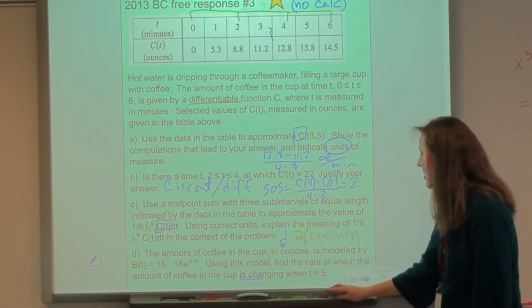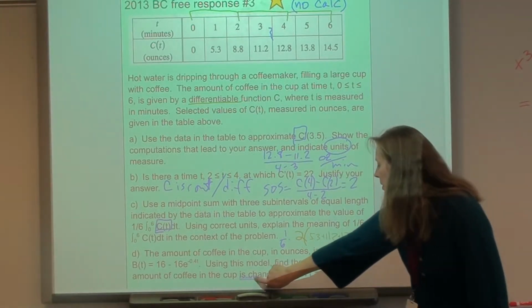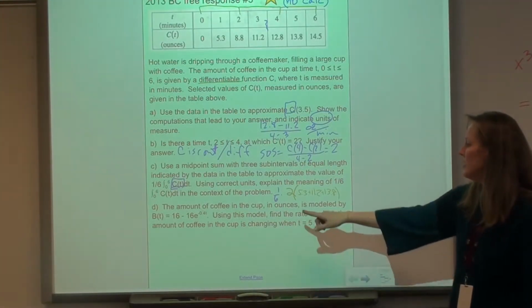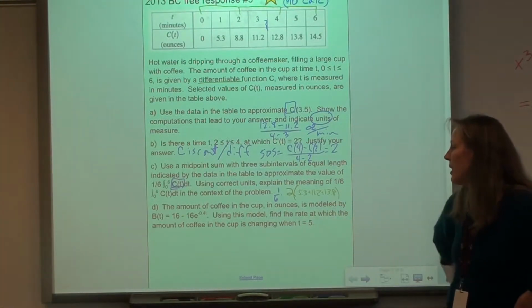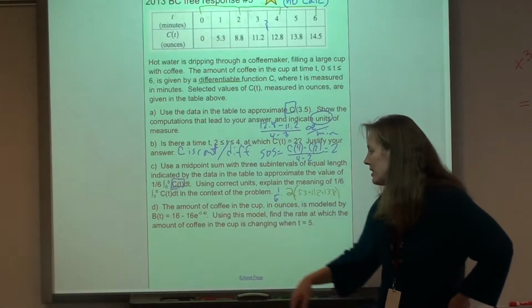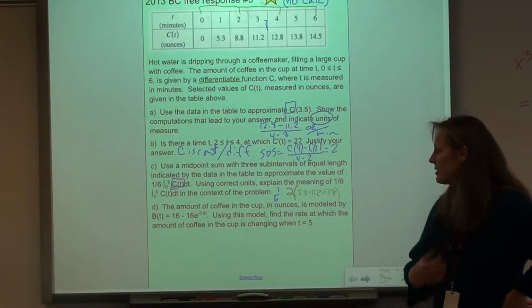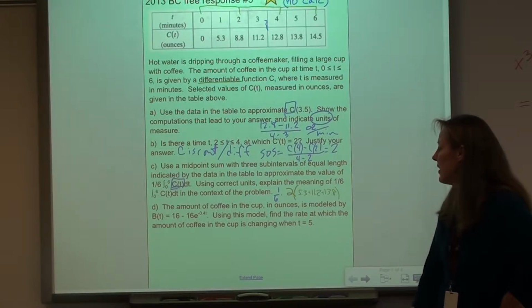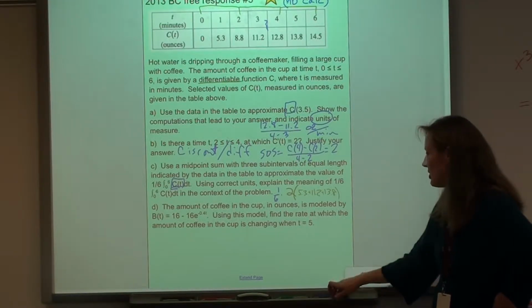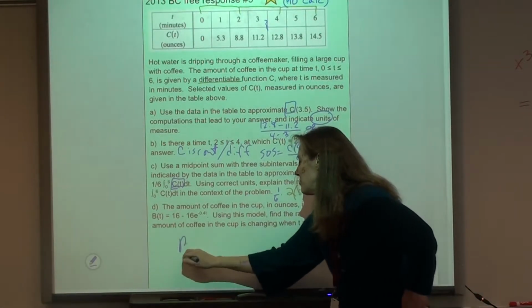Okay, good. All right, last one. The amount of coffee in the cup in ounces is modeled by this function right here, V of t equals 16 minus 16e to the negative 0.4t. Find the rate at which the amount of coffee in the cup is changing when t is 5. So we really need to find v prime.